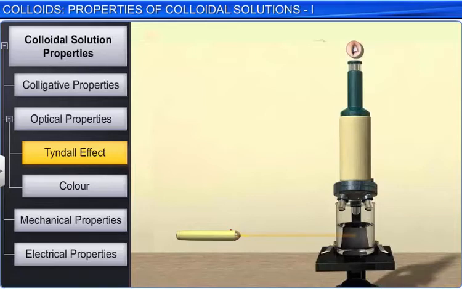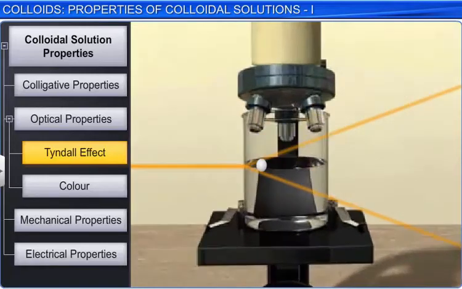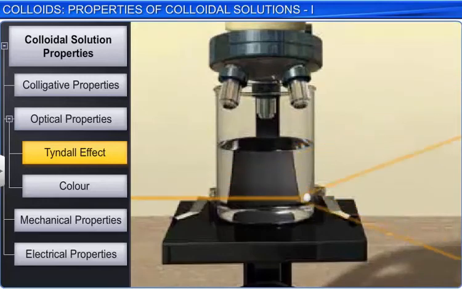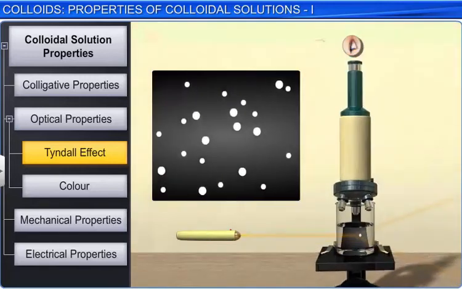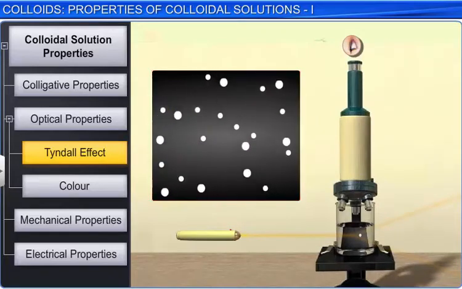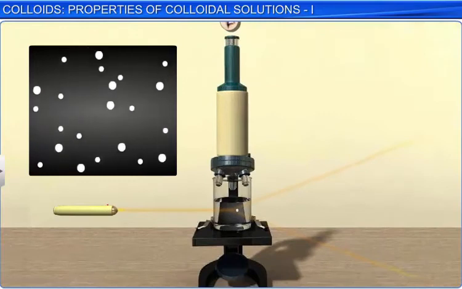The solution is then observed in the microscope at right angles to the beam of light. The zone of light scattered by each individual colloidal particle is larger than the particle size. Therefore, a colloidal particle appears as a bright star against a dark background in constant motion when viewed through an ultramicroscope.